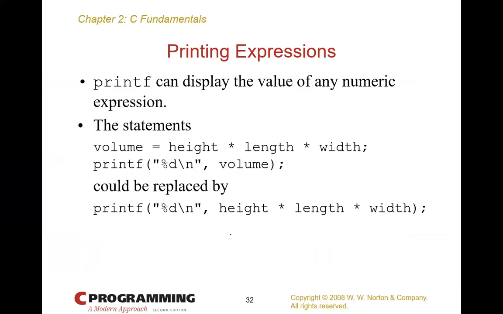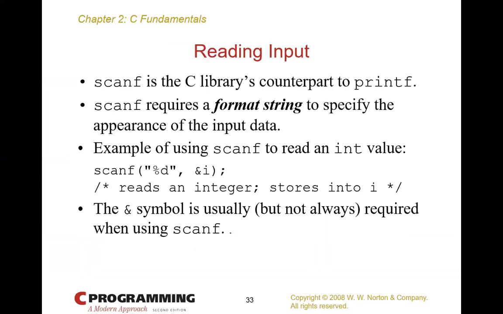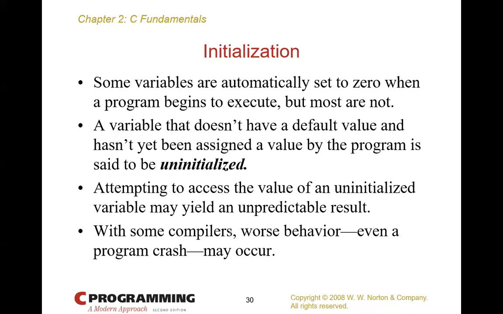Initialization. Some variables are automatically set to 0 when a program begins to execute, but most variables are not set to any value. A variable that does not have a default value and has not yet been assigned a value by the program is said to be uninitialized.